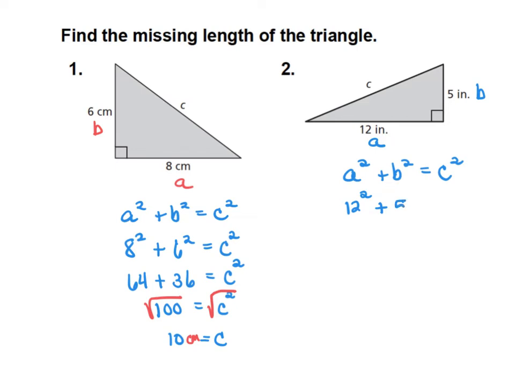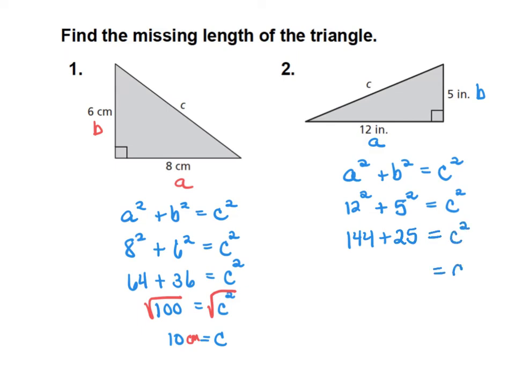We would write 5 to the second power, and that equals c squared. What does 12 to the second power equal? That is 144. What does 5 to the second power equal? That is 25.